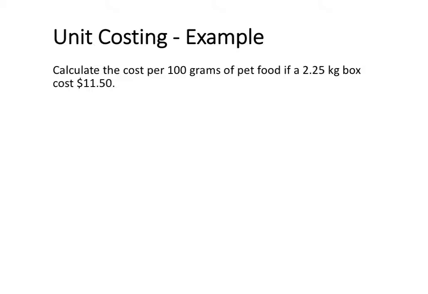In our example, we want to calculate the cost per 100 grams of pet food if a 2.25 kilogram box costs the person $11.50. So the first step in working out the cost per 100 grams is to work out how much the box costs per kilogram. So per kg is going to equal total cost divided by total units.